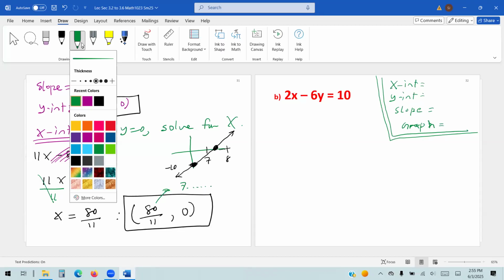These are only 2, but dividing into 6 pieces. So will you get a whole number or a fraction? For x, it's going to be opposite.